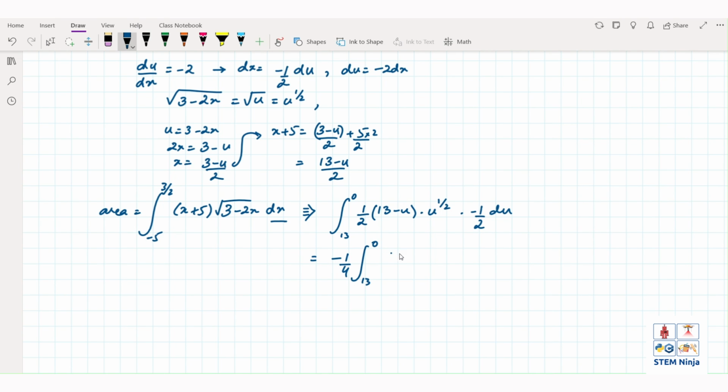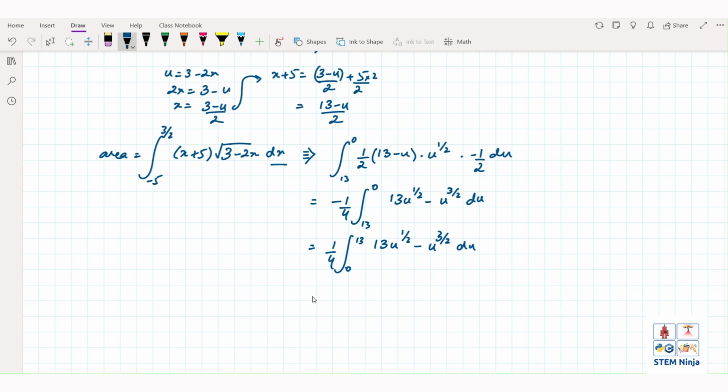So we have u to the power half, and 13 times u to the power 1 over 2 minus u to the power half plus 1, the power is added, that is 3 over 2 du. So 1 over 4, now limits reversed. You can see it made sense to do that before also. So this would be 13 u to the power 1 over 2 minus u to the power 3 over 2 du.